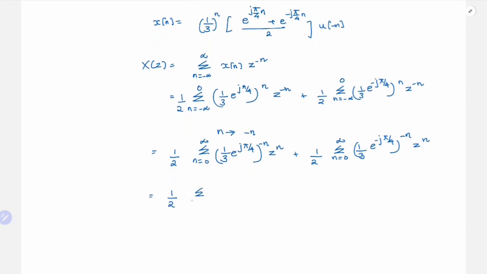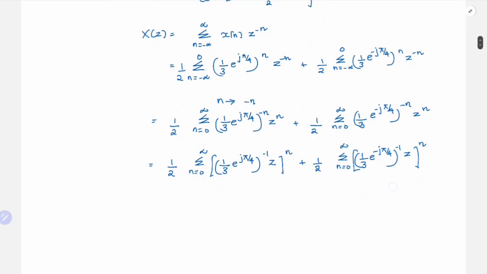So this we can write as summation n equal to 0 to infinity 1 by 3 e power j pi by 4 inverse into z whole power n plus 1 by 2 into summation n equal to 0 to infinity 1 by 3 e power minus j pi by 4 whole inverse z power n.